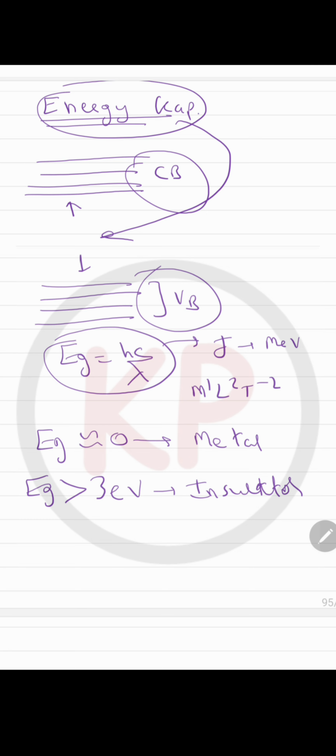And if it is between 0 and 3, then it is a kind of semiconductor. So this was all about energy gap.